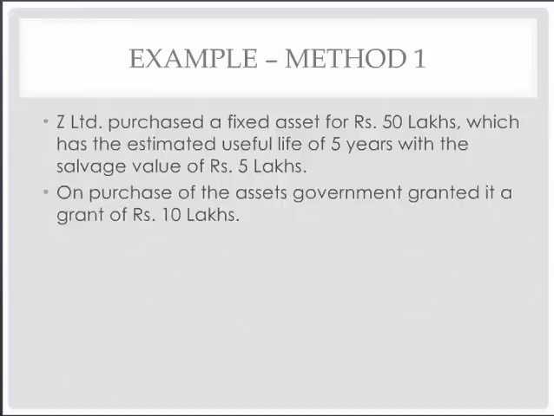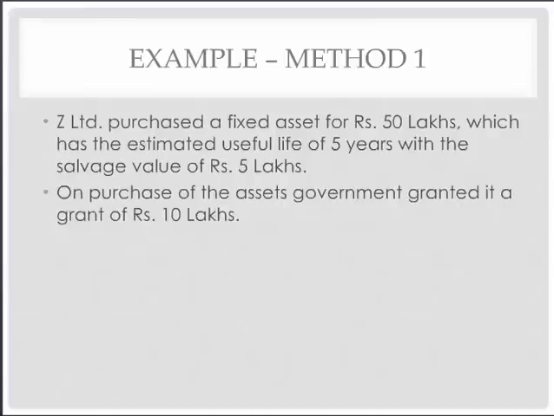Hence, your depreciation charge would be cost minus salvage value divided by useful life, which is 50 lakhs minus 5 lakhs divided by 5 years, which comes to 9 lakhs per year.